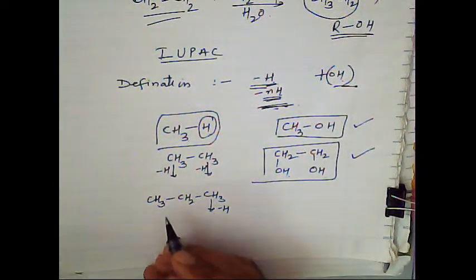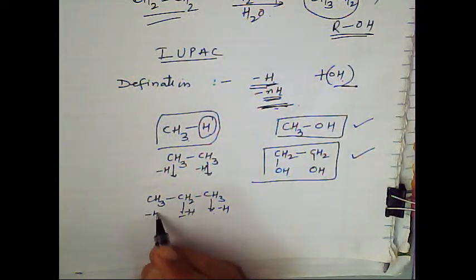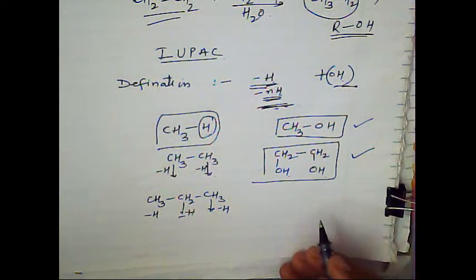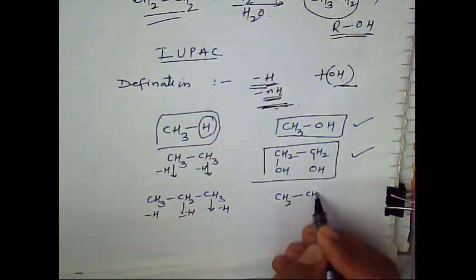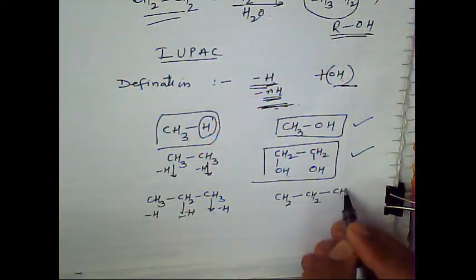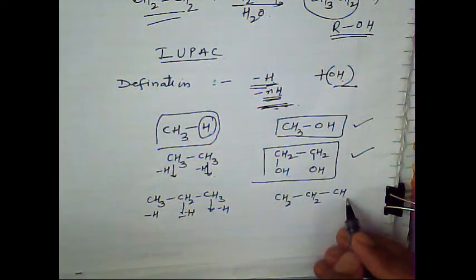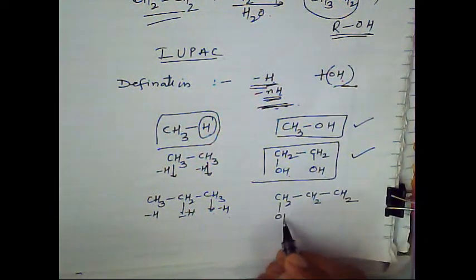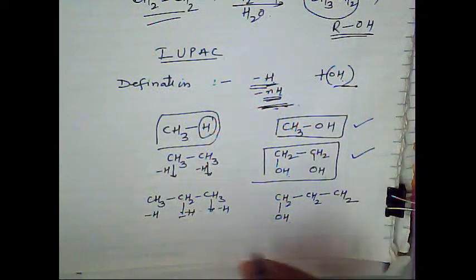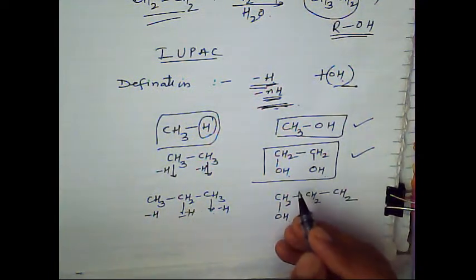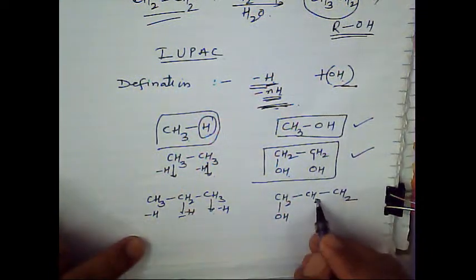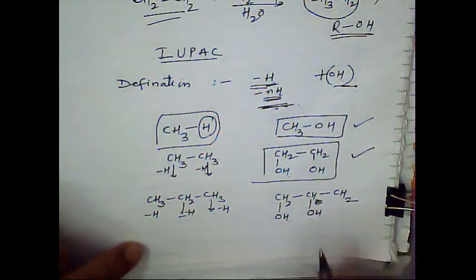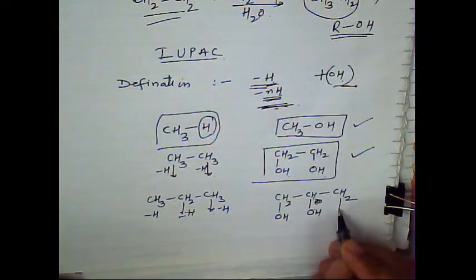If three hydrogens are taken, CH3-CH2-CH3, one hydrogen from here, one from here, and one from here are taken out, and three OH groups are substituted. You will get CH2OH, CHOH and CH2OH.